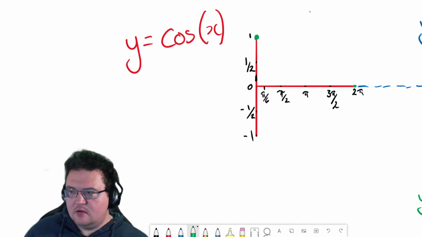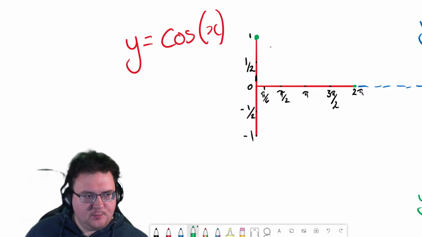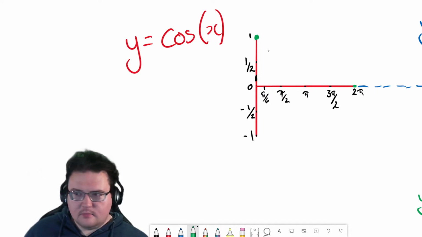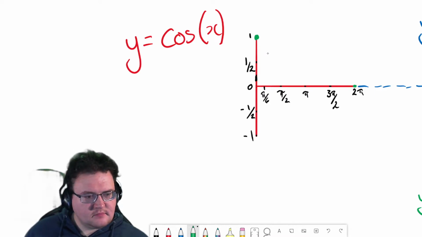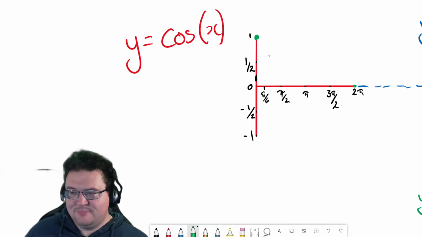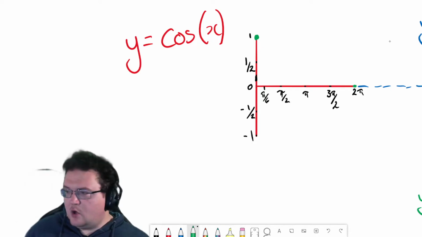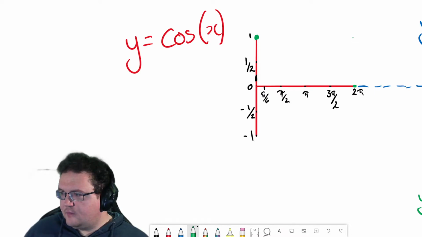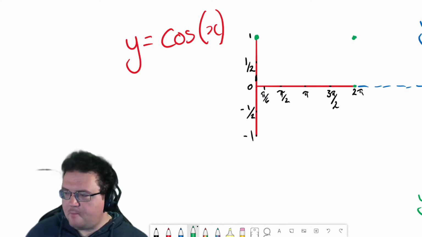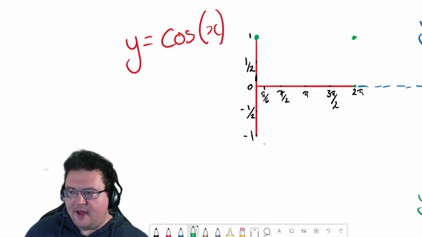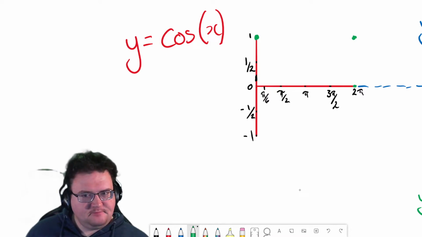What does that mean for cos of 2 pi? It's not 0. It's also going to be 1. What about cos of pi?